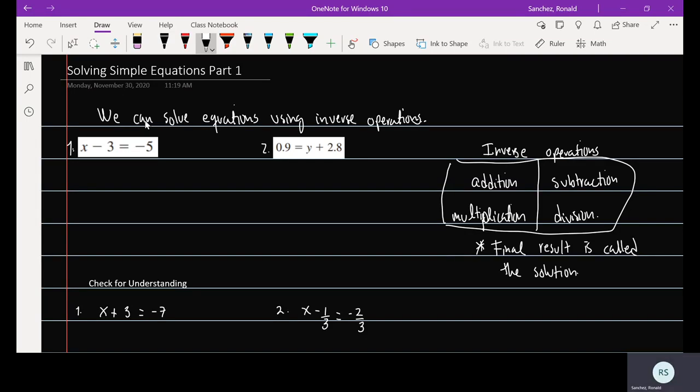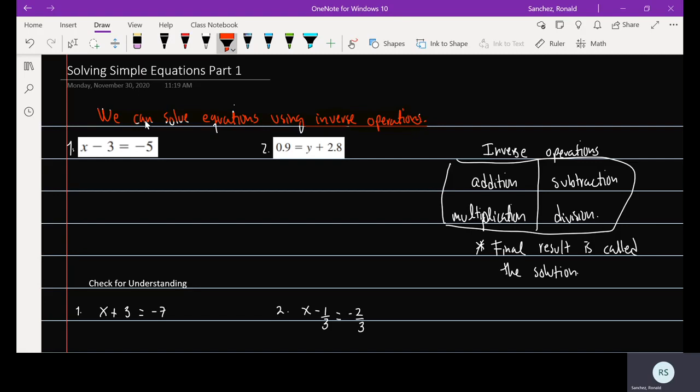Okay. First of all, what I want to go over is this quick sentence here. It says, we can solve equations using inverse operations. If you have never heard the word inverse operations, I have some quick notes that you can access and that you should write down.